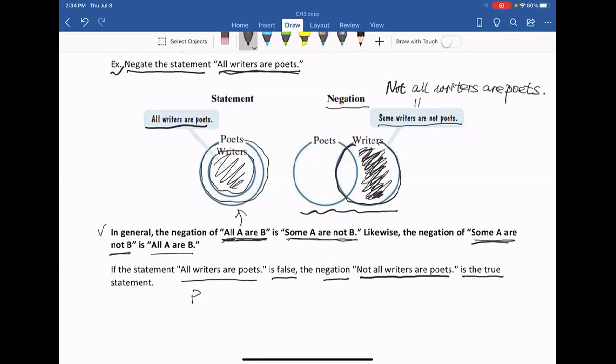So if the statement P is false, then not P is true.